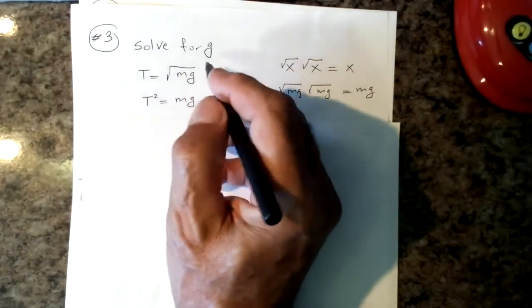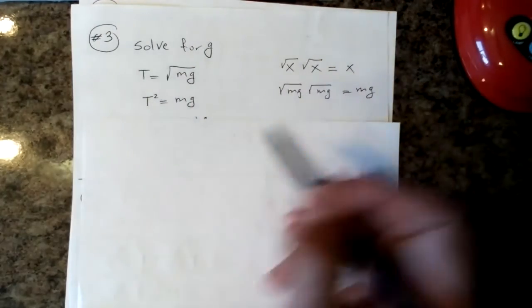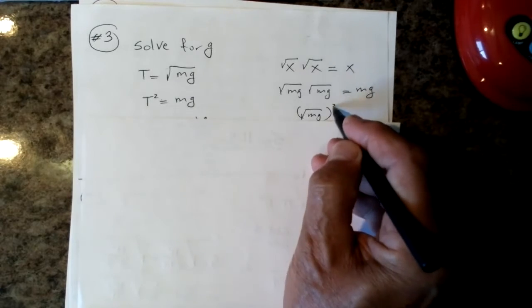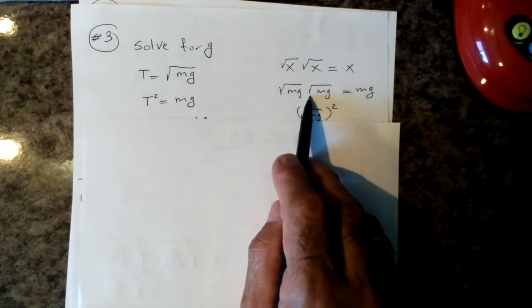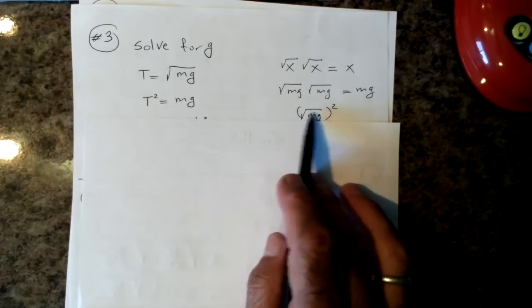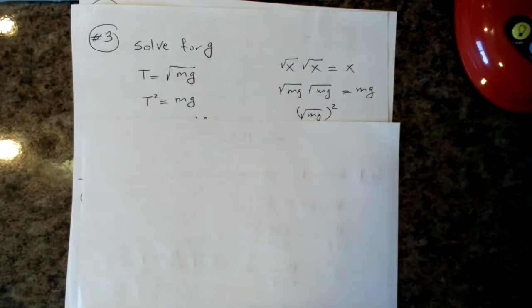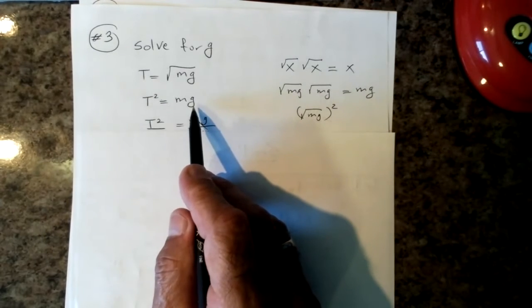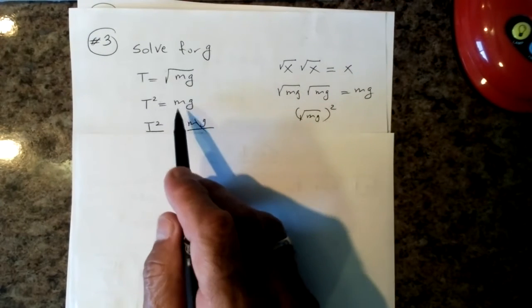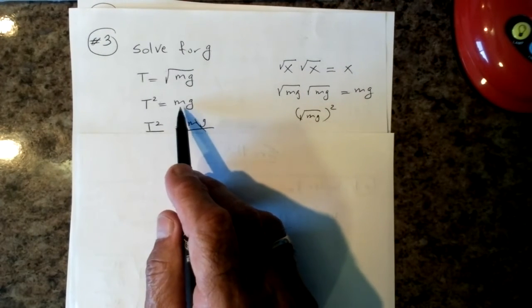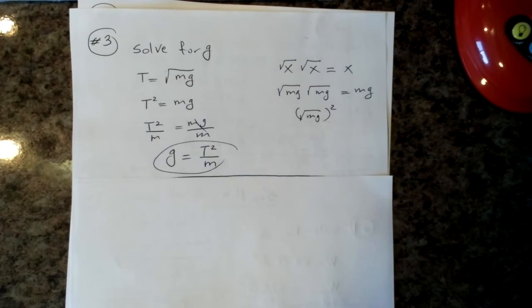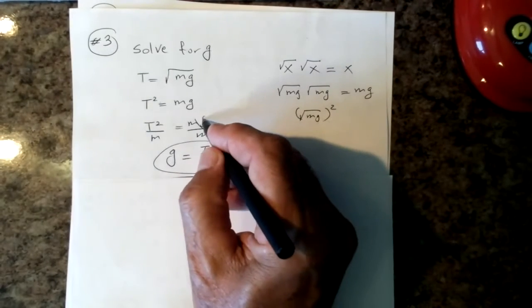We raise both sides to the power of 2. Radical mg to the power of 2 means this. By doing that, you're removing the radical. And since we want to solve it for g, we need to divide both sides by m, because we don't want this m sitting next to g. So g is t squared over m, because here you have the g only.